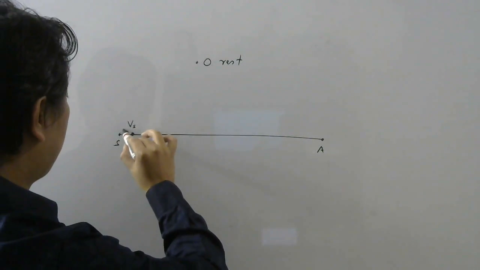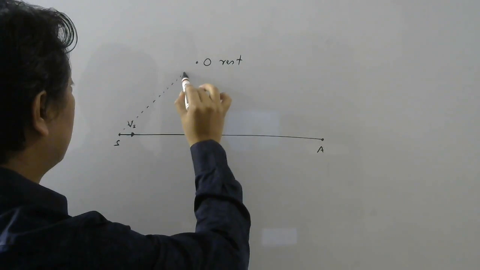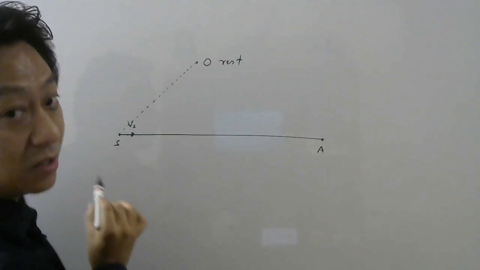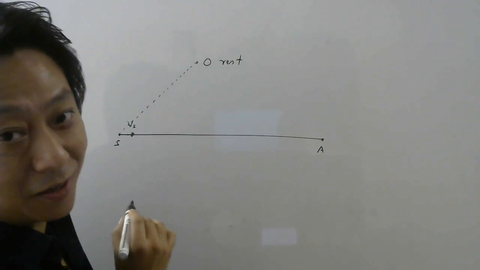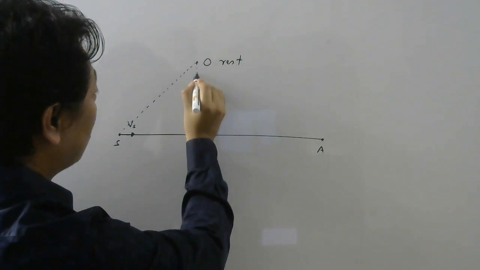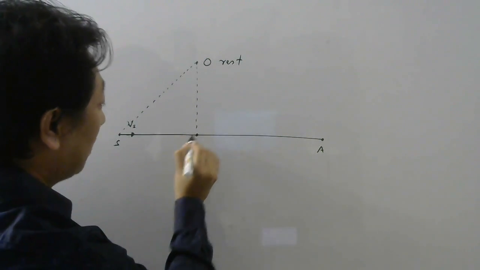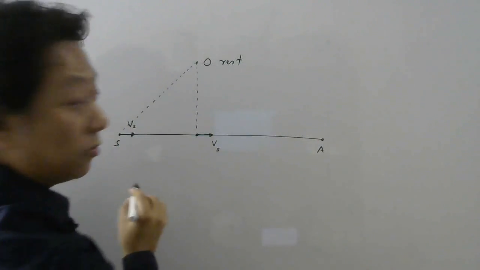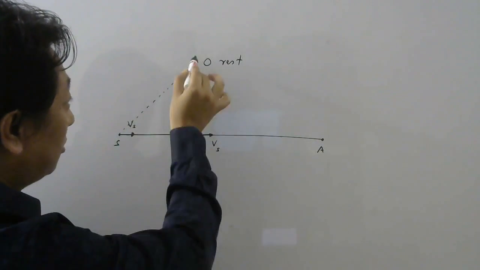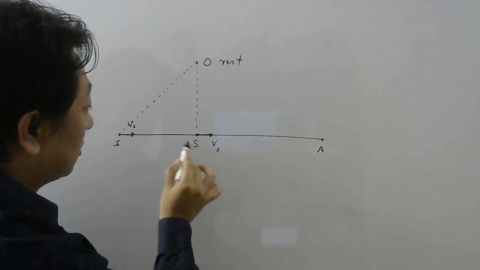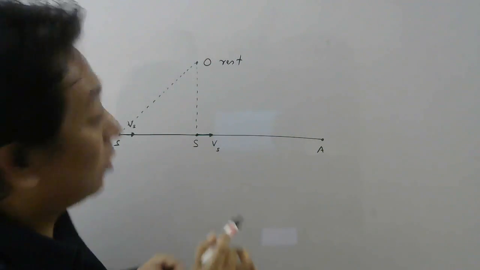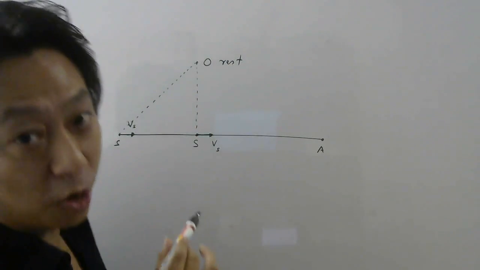Because here if I join the source and the observer, this line is not 90 degree with this velocity. When it will be 90 degree? Obviously when the source will be here, right? So when the source will reach here, its velocity vector will be perpendicular to the line joining the observer and source. So at this moment, we need to find the apparent frequency heard by the observer.